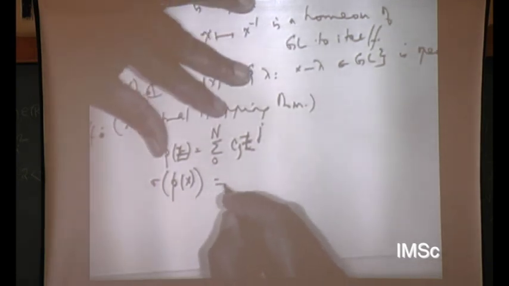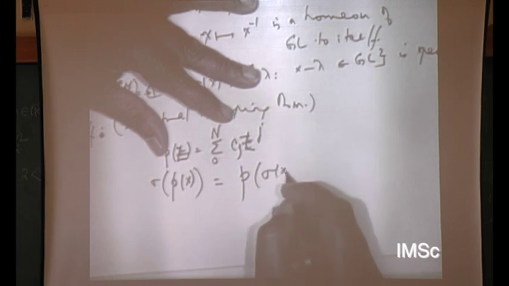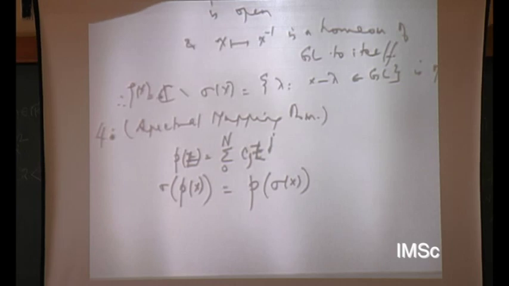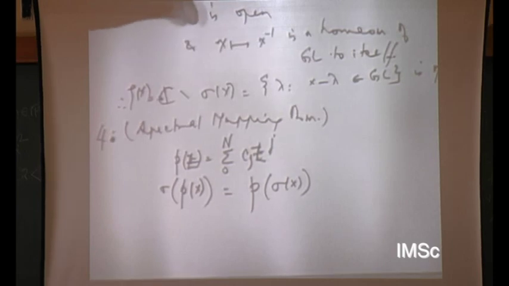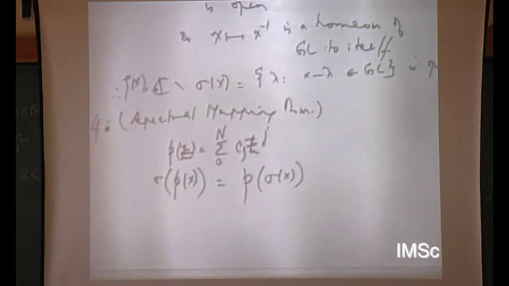And the answer is that this is the image of the spectrum. On the right hand side I'm thinking of P as the mapping of the complex plane into itself, and I'm looking at the image of the spectrum under this mapping. And on the left hand side I'm just taking the spectrum of this polynomial of x.